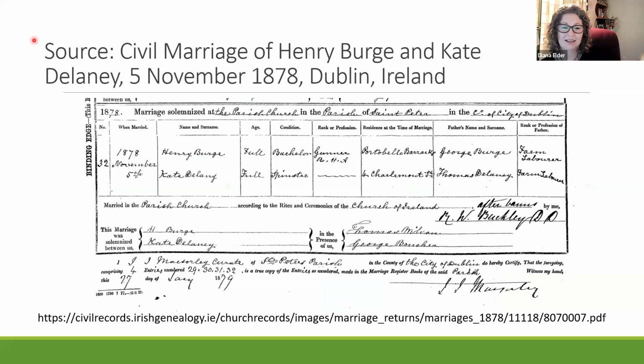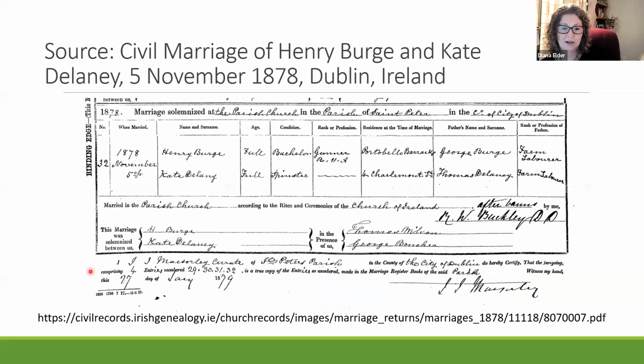And here is a copy of the civil marriage of Henry Burge and Kate Delaney, 5 November 1878, Dublin, Ireland. Now, on this page, I only took a screenshot of the very bottom of it. There are 4 marriage records, just like this above.